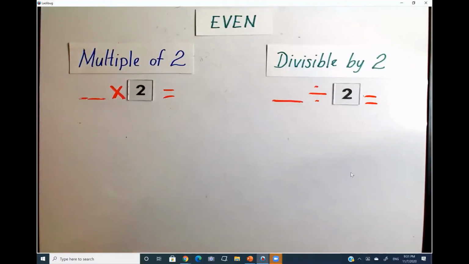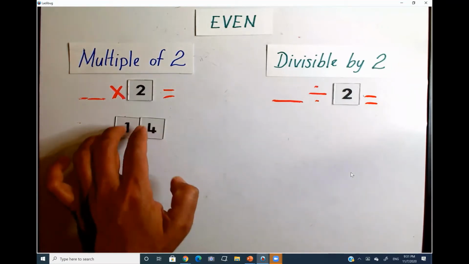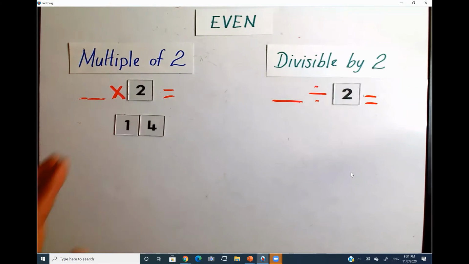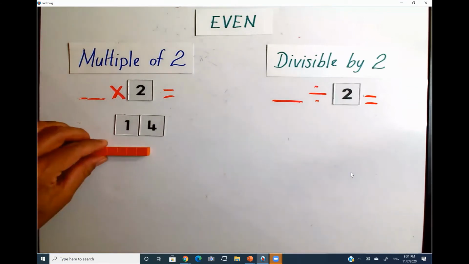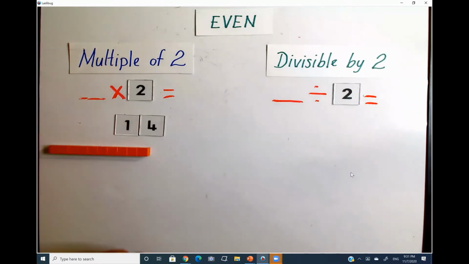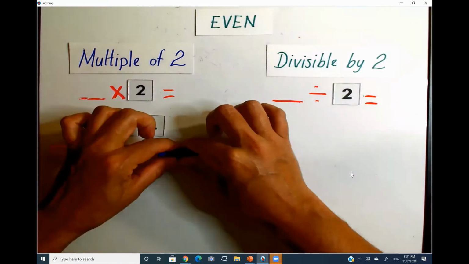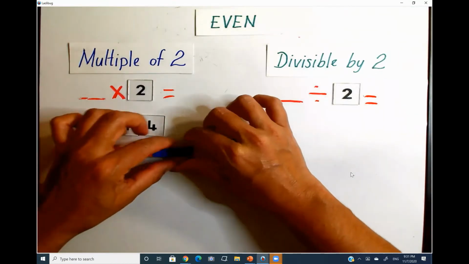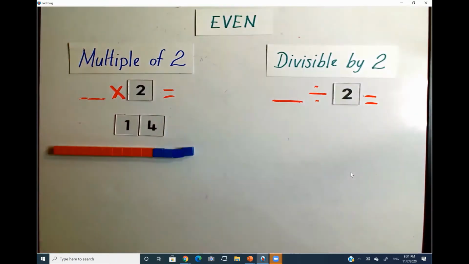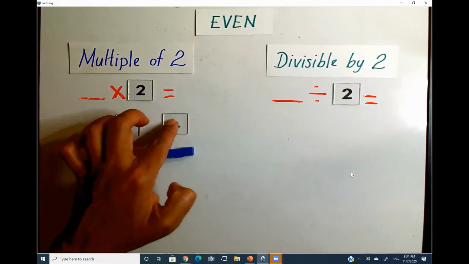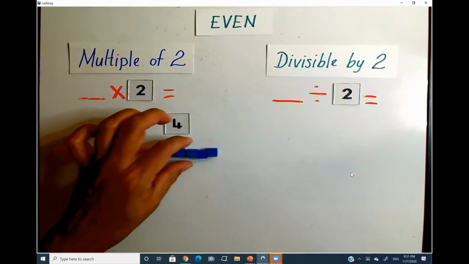There are two ways to prove if a number is even. For example, if I have the number 14, I want to know if this is even or not. So I'm going to represent the number with base 10 blocks. I have 1 ten, and 4 ones, and now I have the number 14. Now, to find out, I'm going to focus on the ones. So I have 4 ones.